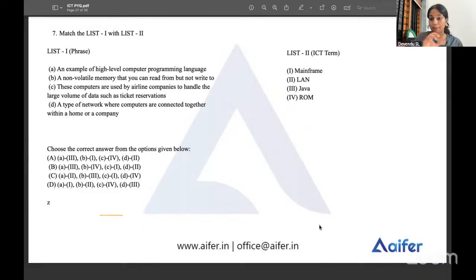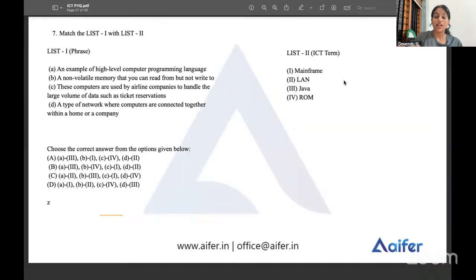Some basic terms here are given, like ROM. We have studied in lower classes what ROM is. ROM is read only memory. The name itself says that it's read only. We cannot edit or change the data in that memory.